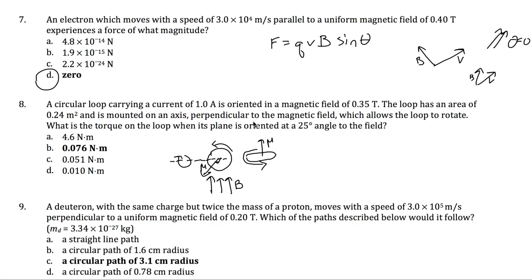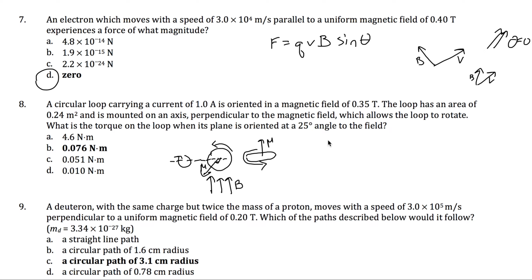But the trick is that it says the plane is oriented at an angle of 25 degrees to the field. So the plane of this loop, and it's hard to draw it. I drew it as though it didn't have any angle to the field, but there's an angle of 25 degrees.